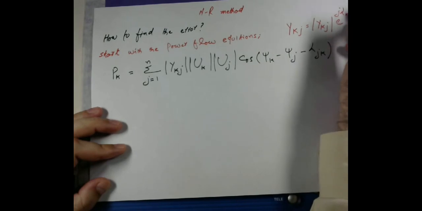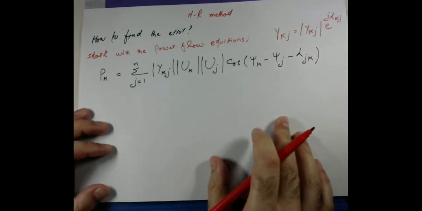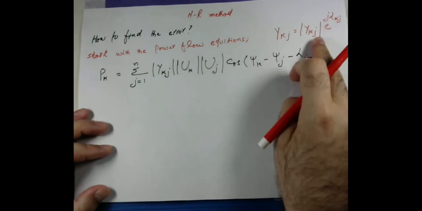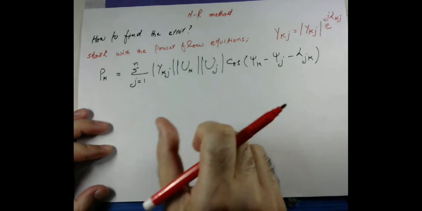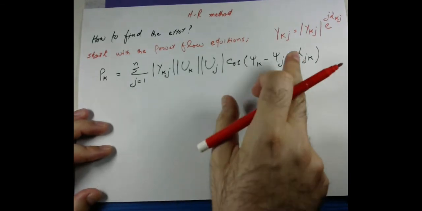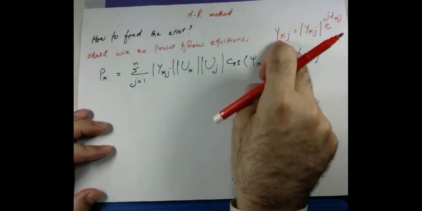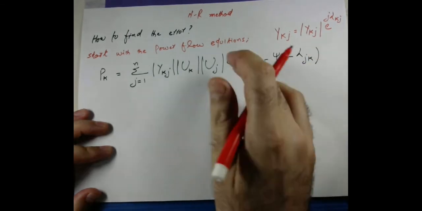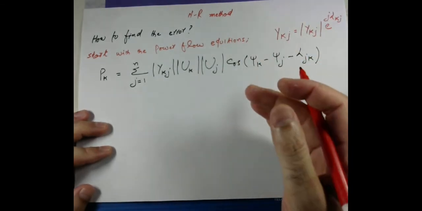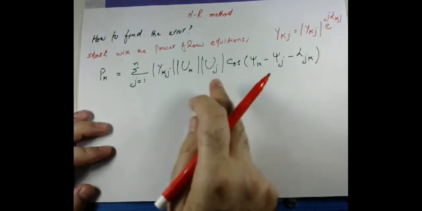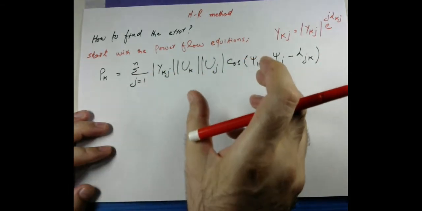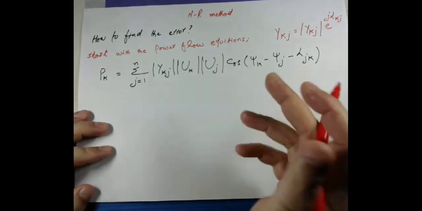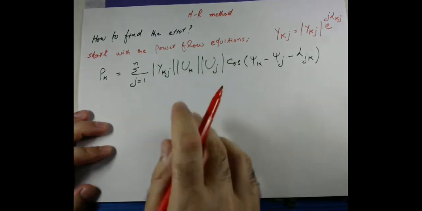So once the admittances are given in the polar form, then the power flow equations are written in this format. So this is important, that the admittances are given in the polar form. Otherwise, if it is given, let's say, in the rectangular form, we know that the format or the shape of the expressions is different.